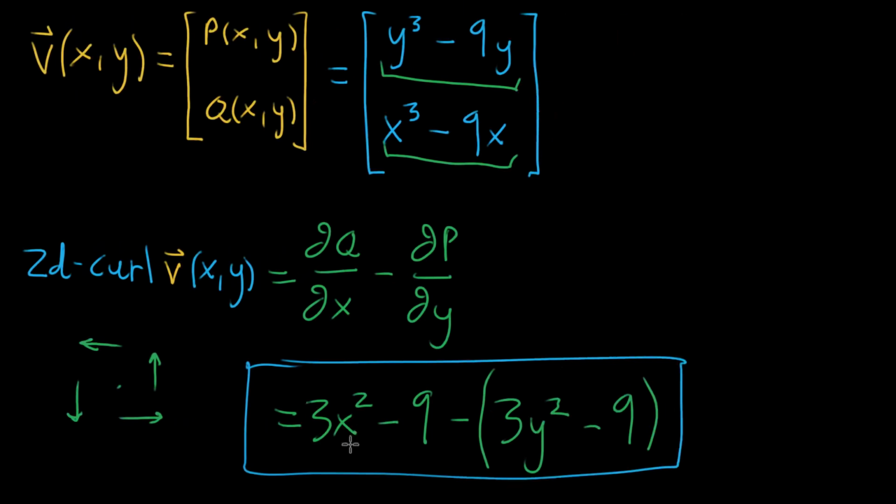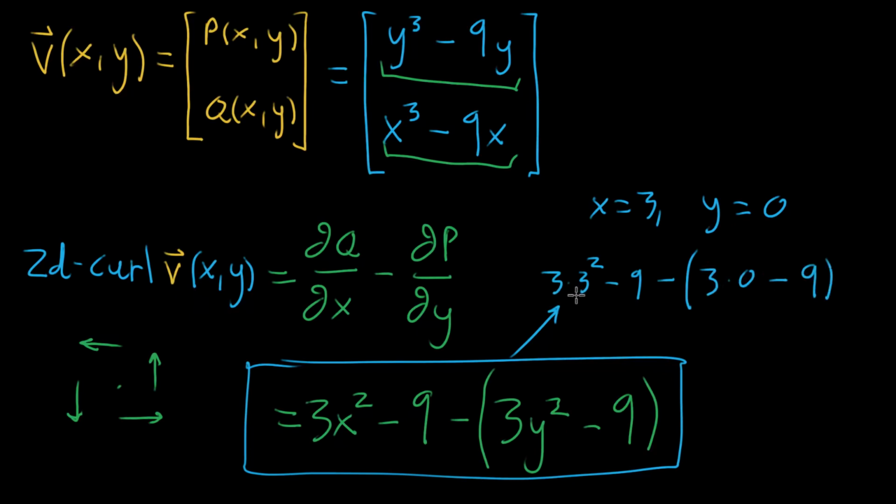So I go over here and say if x is equal to 3 and y is equal to 0, this whole formula becomes, let's see, 3 times 3 squared minus 9, and then minus the quantity. Now we're plugging in y here. So that's 3 times y squared, which is just 0, because y is equal to 0, minus 9.